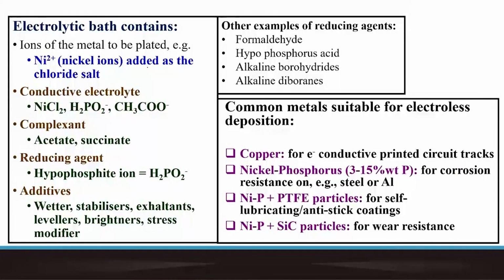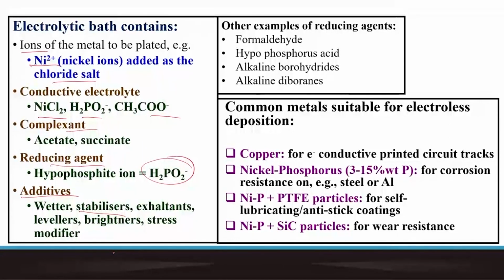So the bath will contain the ions of interest, say for example nickel, and is added as a chloride salt. The electrolyte is conductive in nature. We also use complexants, reducing agents. This is very important for the deposition to occur, reduction reaction to take place. And we also use additives for maintaining surface topography or avoid impurities or improve the nucleation rates and so on.